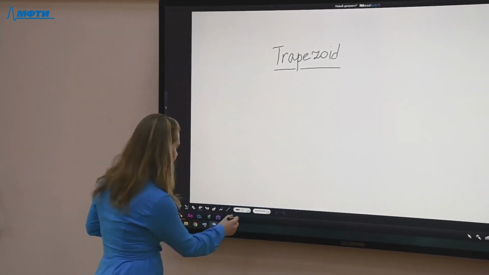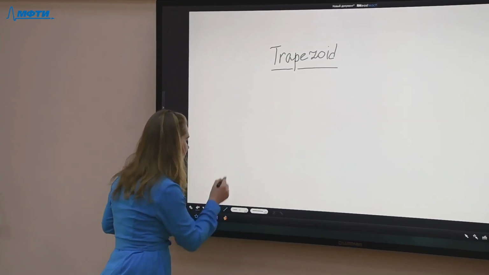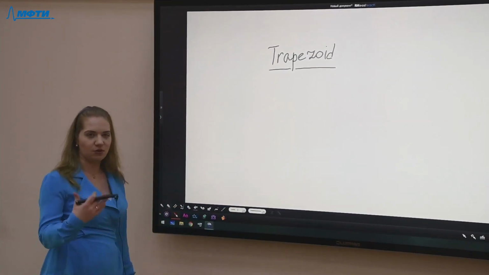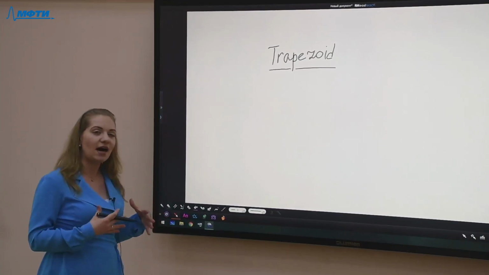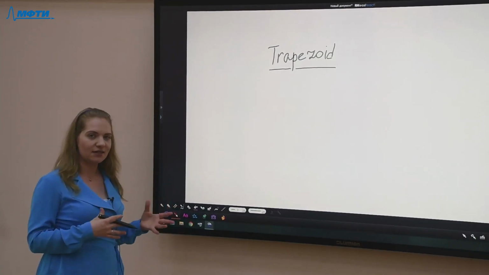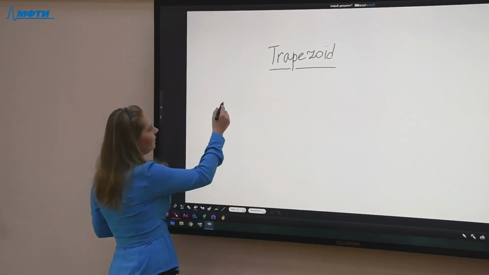What is it? A trapezoid is a quadrilateral such that its two sides are parallel and the other two sides are not parallel. So it is something like that.